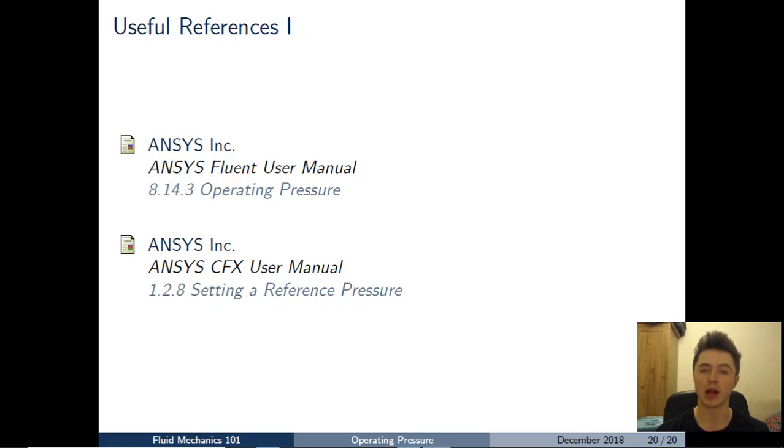And as far as I'm aware, OpenFOAM doesn't require you to specify operating pressure, operating density, or operating temperature, but you should be very careful to check which version of OpenFOAM you're using and which solver, because they all differ. But generally, the ANSYS solvers require you to specify operating pressures, temperatures, and densities.